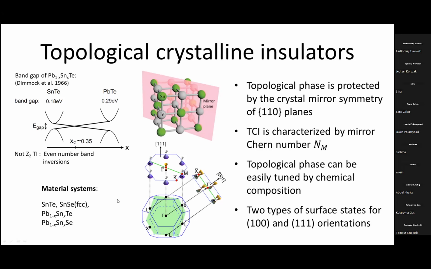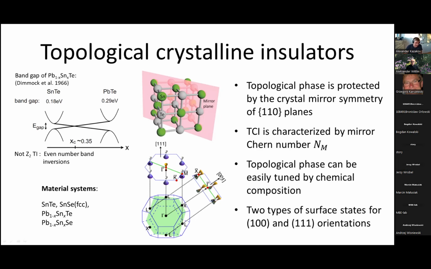What is also important here is that the Fermi surface in the Brillouin zone is projected differently on the 100 plane and the 111 plane. It has pockets at the L points, and they are projected in different places on these two surfaces.